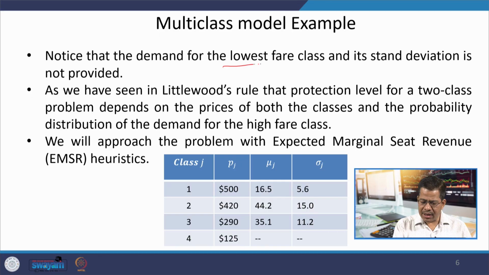As I already mentioned, we have not been provided the mean and standard deviation for the lowest fare class, which means that fare class is not operating, and we will see how EMSR will help us in solving this situation, that is, how much capacity we are going to allocate for a particular class, or the protection level for a particular class.